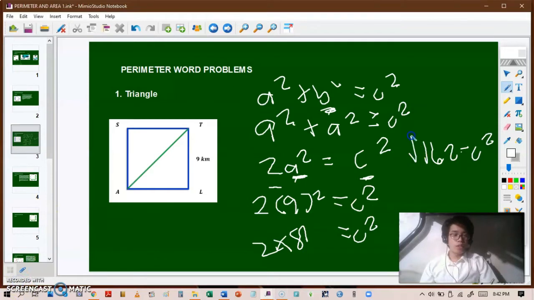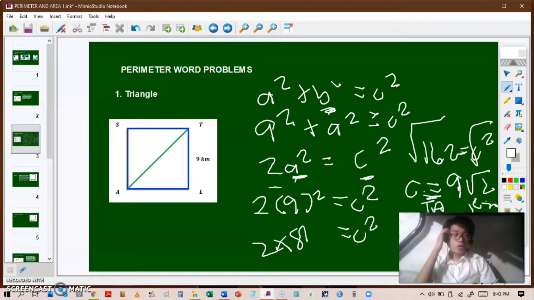Then if we take the square root of both sides, c is equal to 9 square root of 2 kilometers. The variable c is the measurement of the diagonal TA or AT. So TA is equal to 9 square root of 2 kilometers.